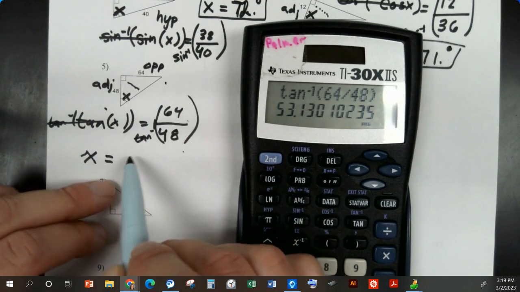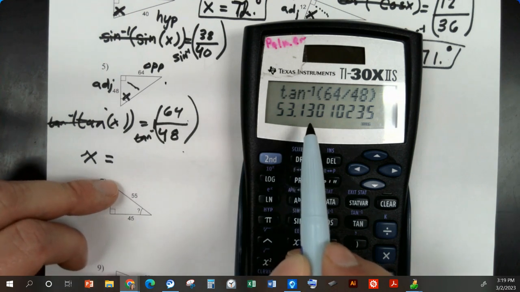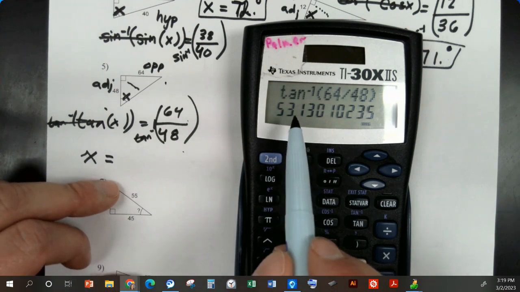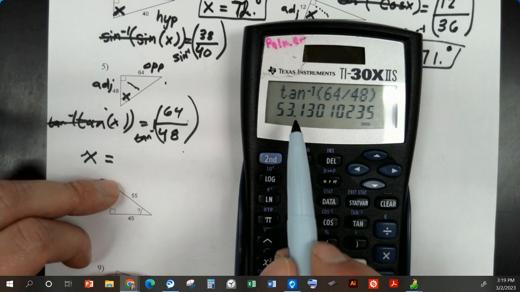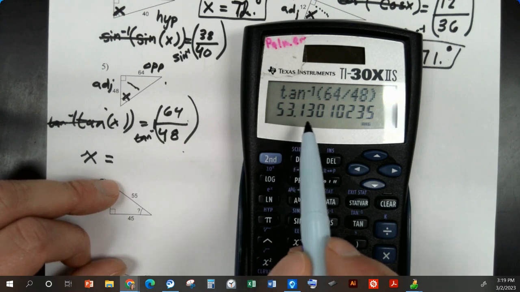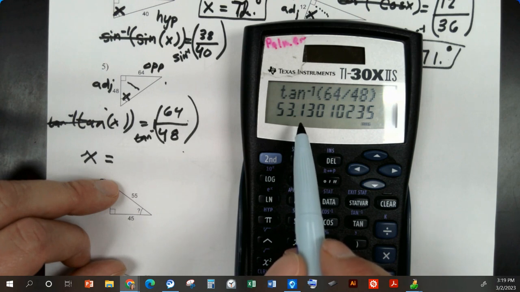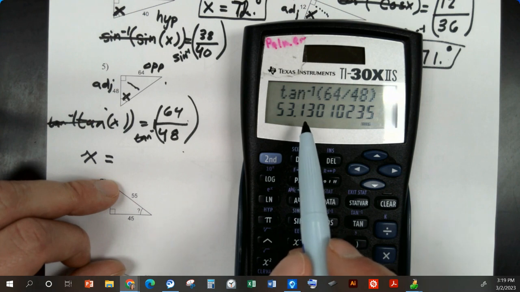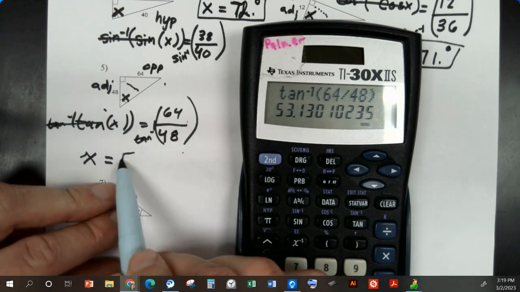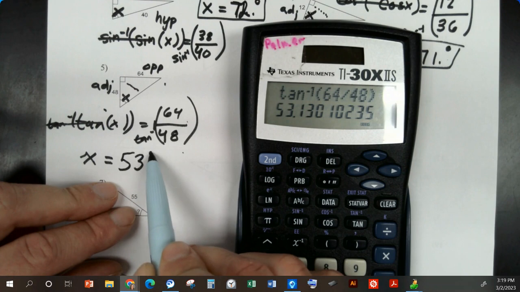X is, oops, there it is. X is 53.1. So are we going to round up to 54 or down to 53? Because we got 0.1. So 1 is less than 5. We're going to round down to 53. So 53 degrees.